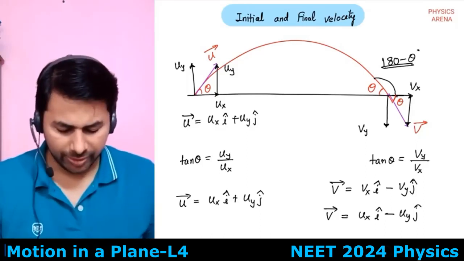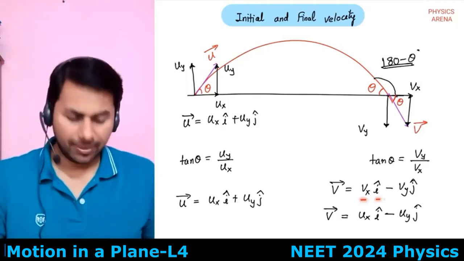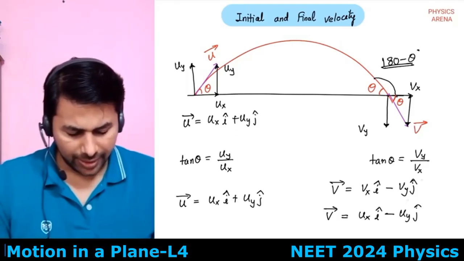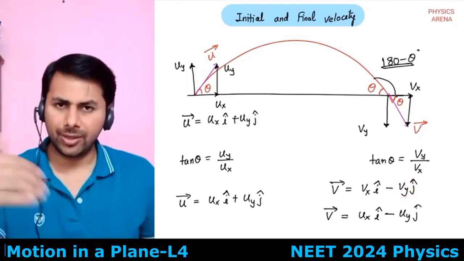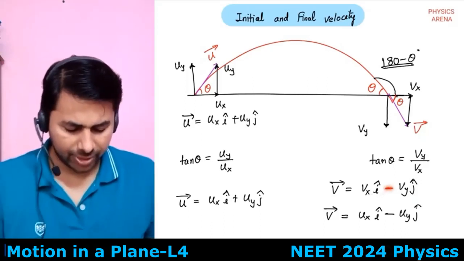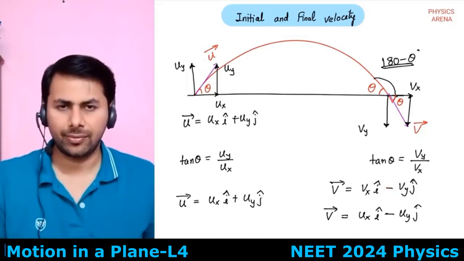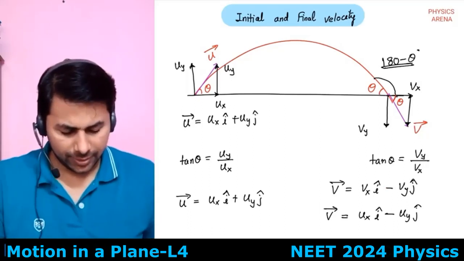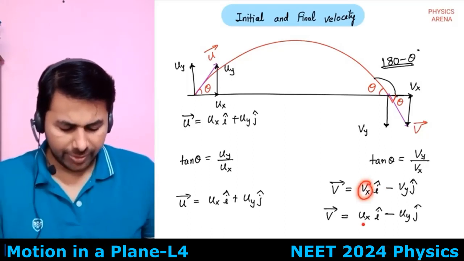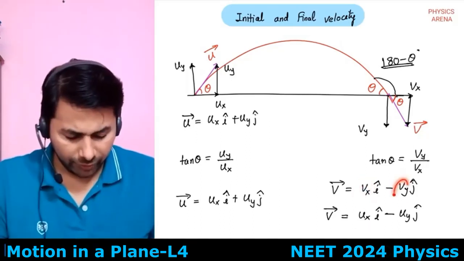Final velocity will be what? It is vx into i cap plus vy into j cap, and that vy will be in the opposite direction, it will be negative, so that's why I have substituted the negative sign. So vx will be equal to ux, and what will vy be?